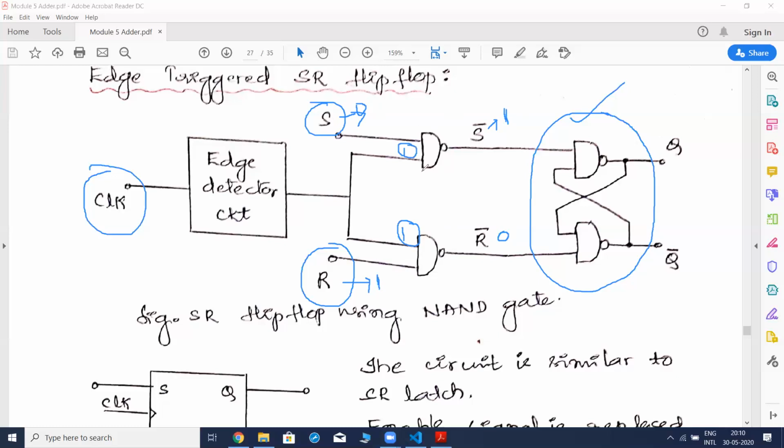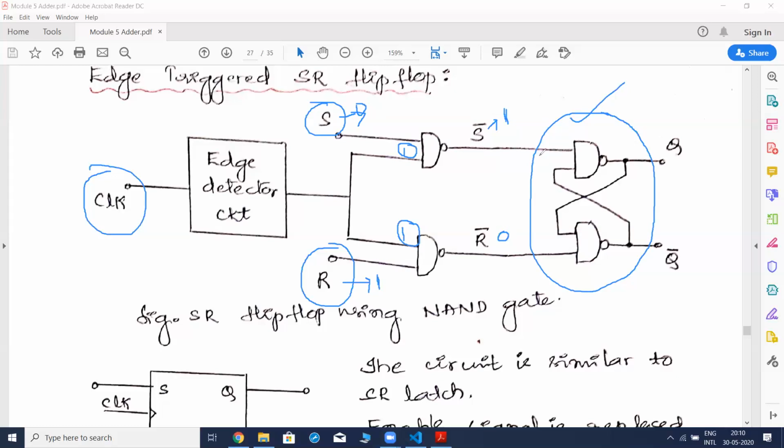That means if you pass your S and R inputs to the NAND gate, we are going to get the complement. That's why here we have represented it as S bar and here as R bar. Now we are not going in depth on this, we are just looking at the S bar R bar latch, because we have already discussed it enough.